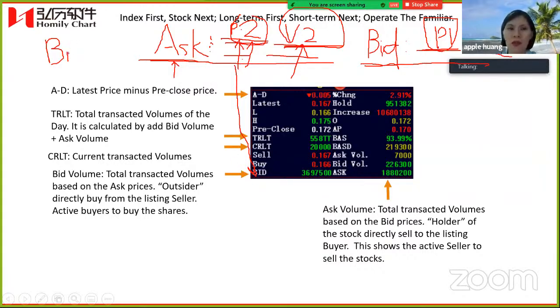So the trader's volume becomes the bid volume.